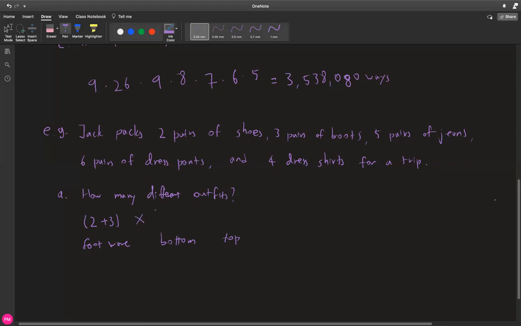For the bottom, we have 5 pairs of jeans and 6 pairs of dress pants, so 5 plus 6, that's 11. And for the top, Jack has 4. So by the multiplication rule, we have 5 multiplied by 11 multiplied by 4, and that is simply 220 different outfits.